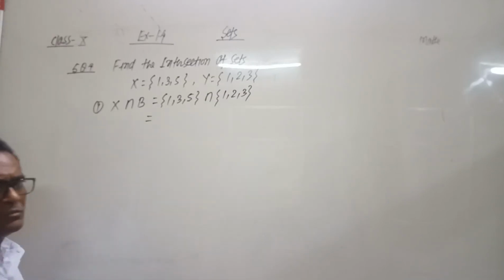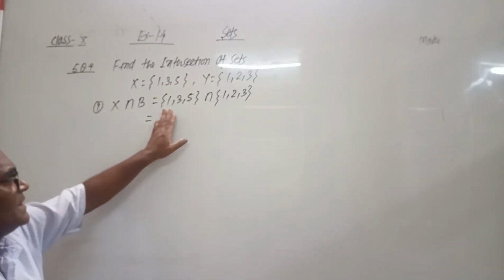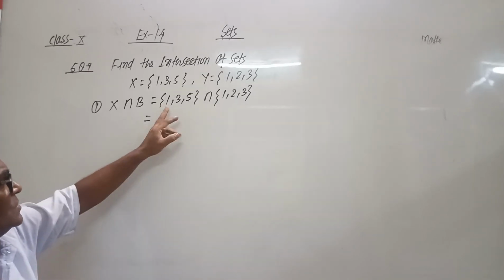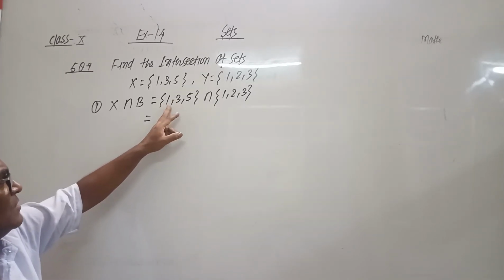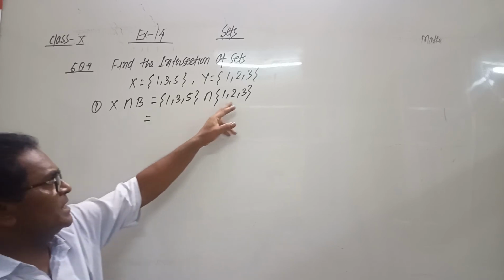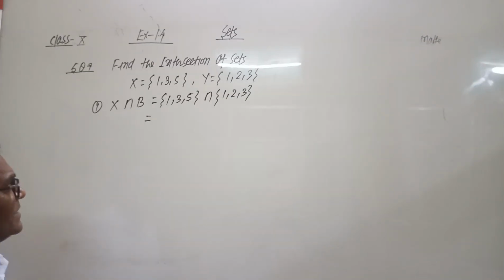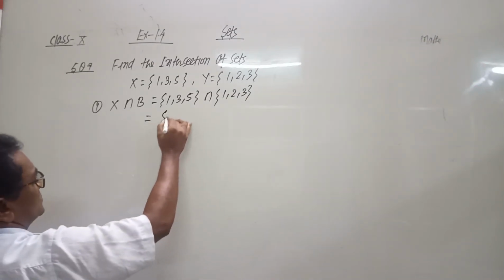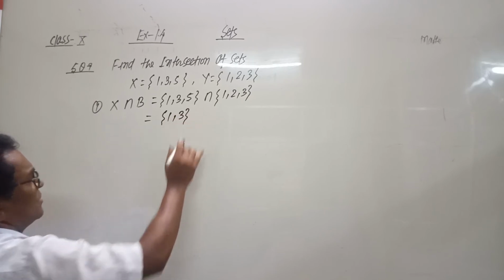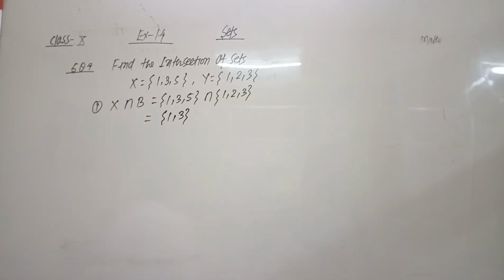We have to see the common terms which are available in both the sets. So 1 and 3 are the common elements available in both the sets. So the result will be 1, 3. X intersection y is 1, 3. So in intersection we write the common terms which are available in both the sets.